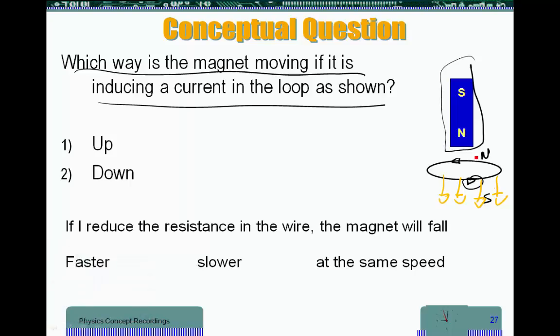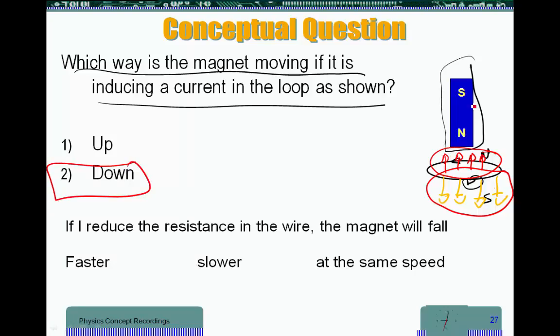The flux due to the loop is pointing in this direction. Now, if the magnet is moving down, that means it's going to increase this yellow flux. And as we see here, the red flux is opposing that increase, which means that that's actually what's happening. The magnet is moving down.